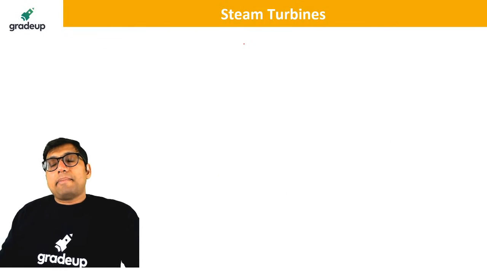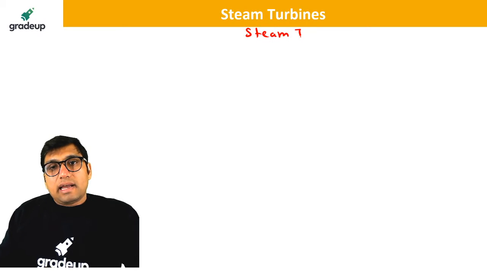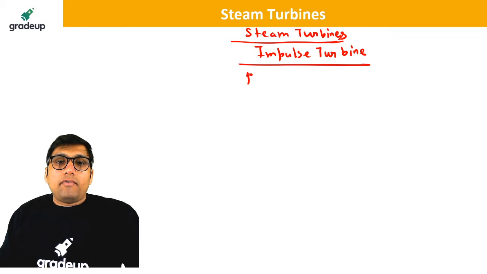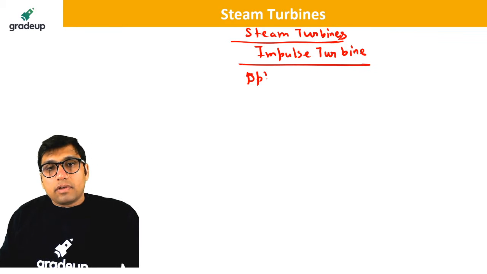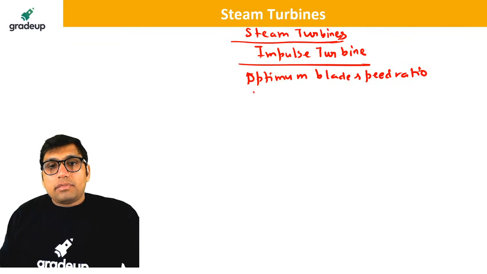Now there are some design parameters of steam turbine that I have to quickly tell you because we don't have much time. For the impulse turbine, there's a term called velocity ratio or optimum blade speed ratio. Let us denote it by rho.